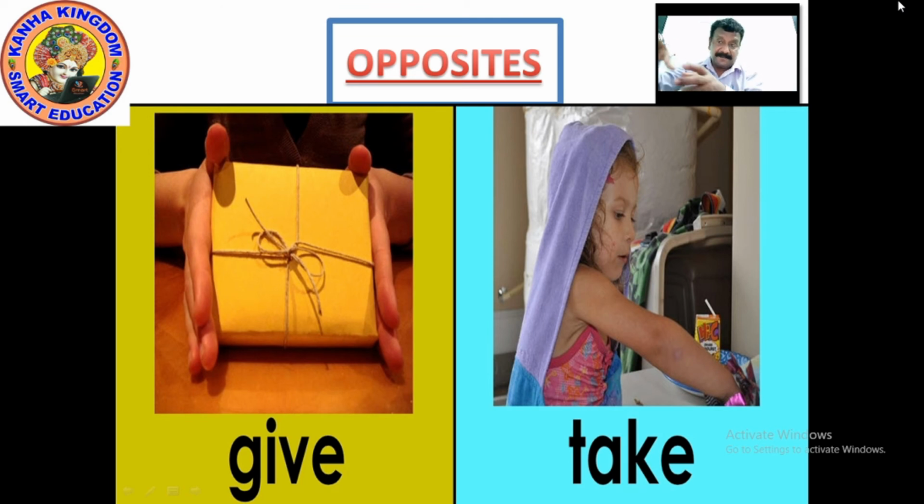When we want to remove something, we either use two hands or one hand, but we take it on our own. So now the opposite of give is what? Take. Opposite of take is what? Give. G-I-V-E, give. Right? T-A-K-E, take. Give and take. Take, T-A-K-E, take by self. Give to the opposite person with our hands is what? Give. G-I-V-E, give. T-A-K-E, take. Please write it down.